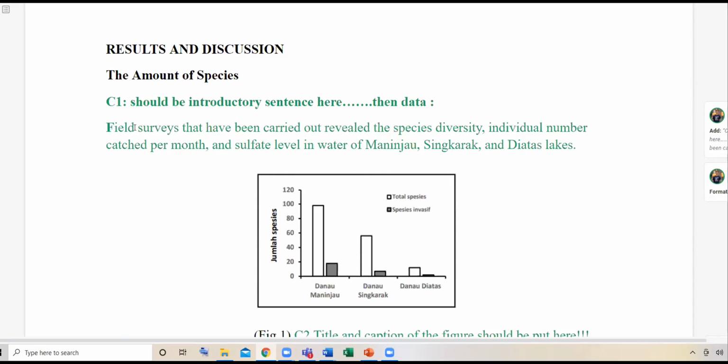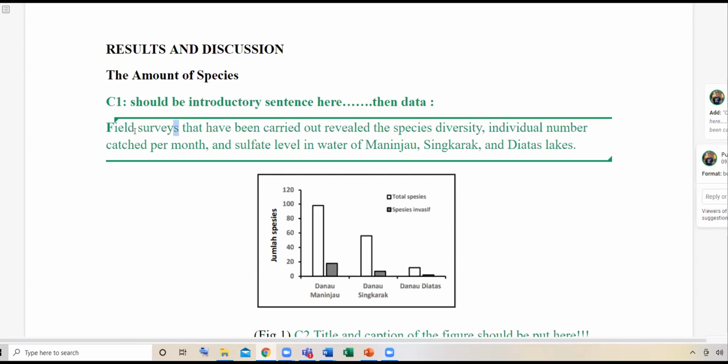So the introductory sentence could be like this. You refer back to the methods, so you just focus on how you collect the data. You start with field surveys, meaning the way you collect the data. Or sometimes you may start from the parameters that you will show.